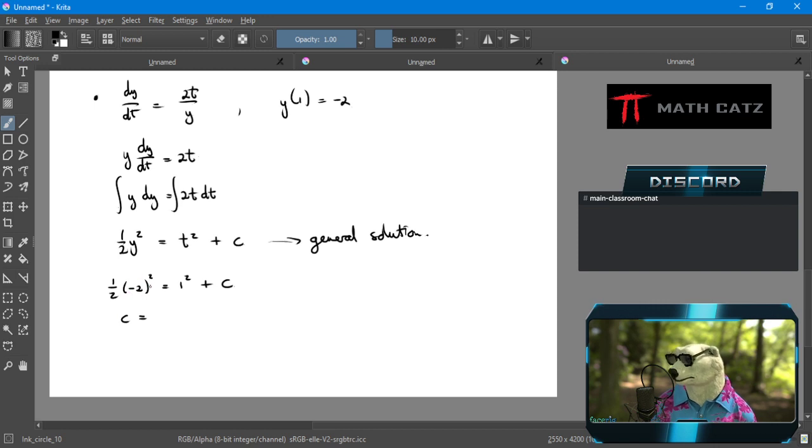Well, this is going to be 4, so it's 2 minus 1, which is 1. And then I can say 1/2 y squared equals t squared plus 1 is my particular solution.